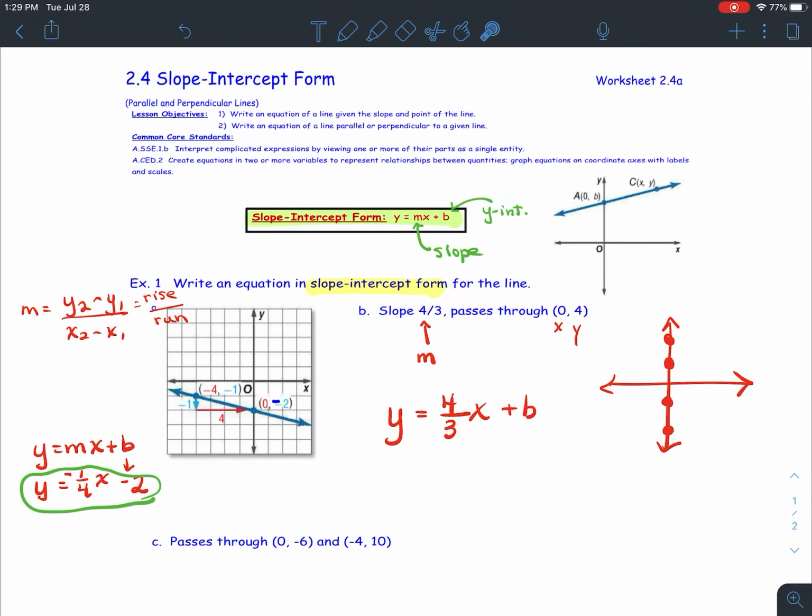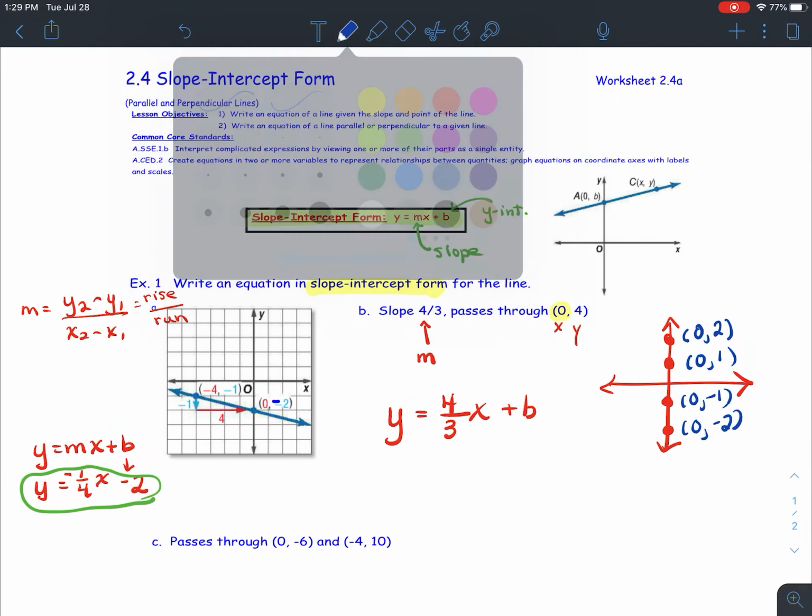Any point that is on the y-axis would have a 0 as the x-coordinate. Now, this is just a coincidence, but if you look closely, you'll notice that the point they gave us had a 0 in the x-coordinate. So they actually gave us the y-intercept with this point.